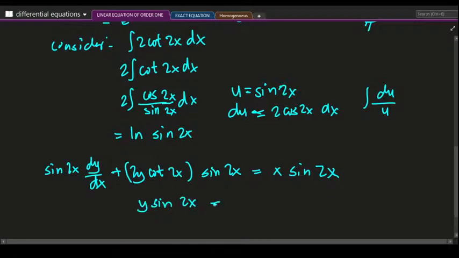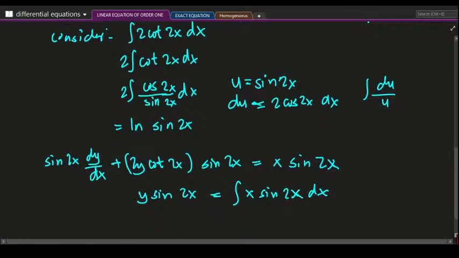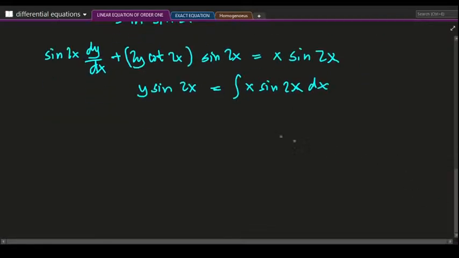In the other part, we are going to integrate x sine 2x dx. So we have two transcendental functions which we are going to integrate, so this can be solved only using integration by parts.